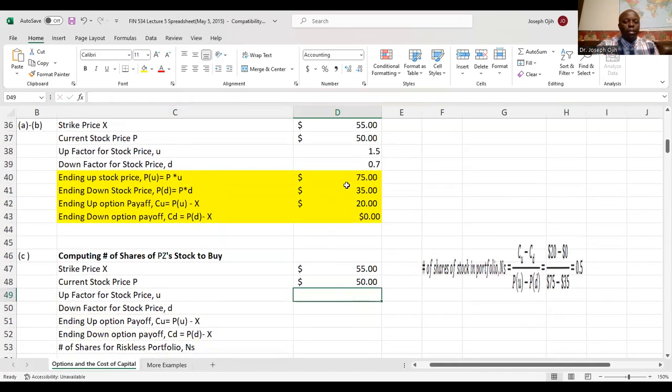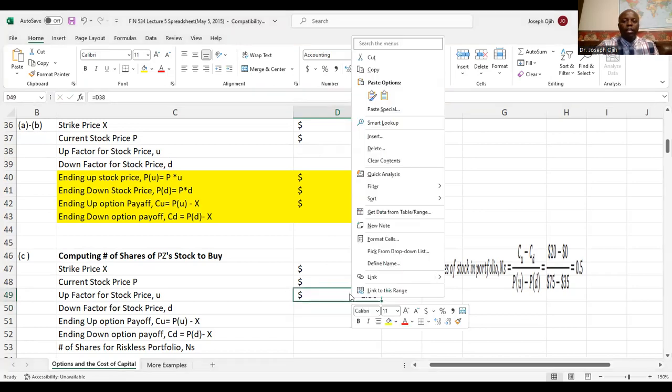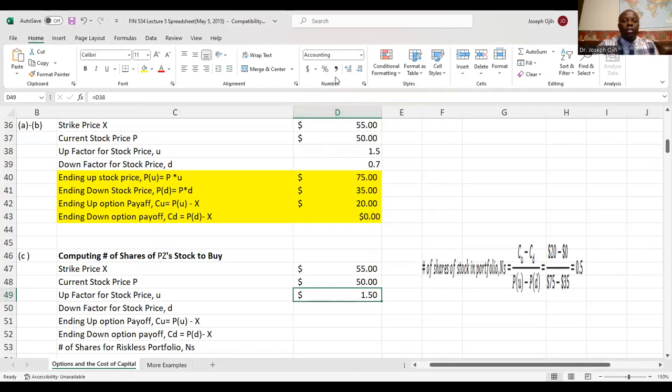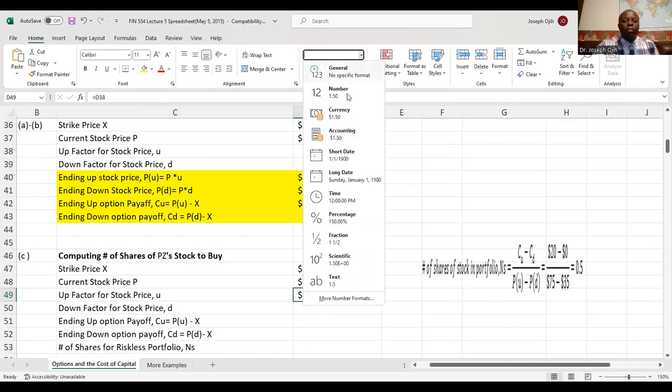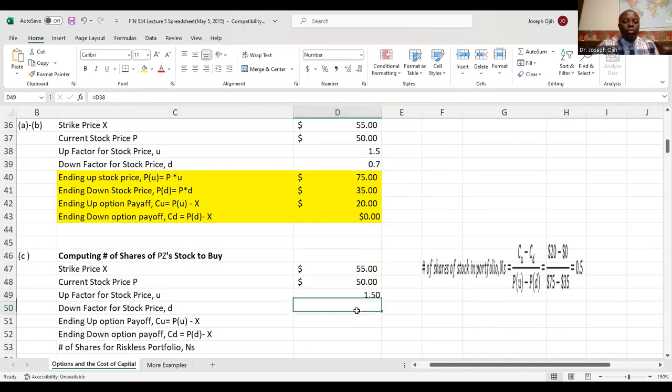It's 1.5, but it's not currency, so I'm going to change it to number. Okay, that's 1.5.